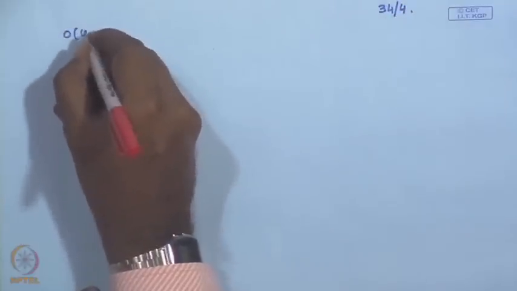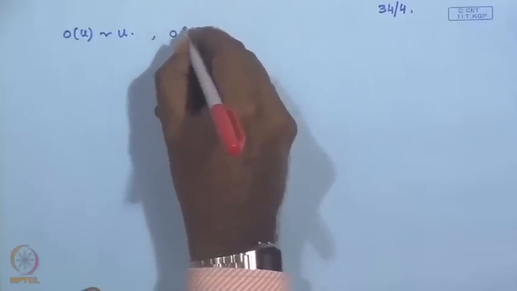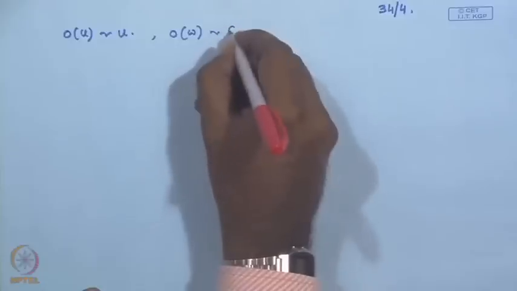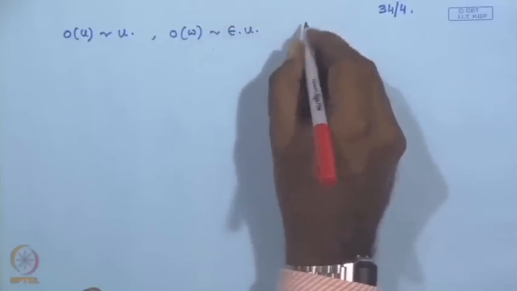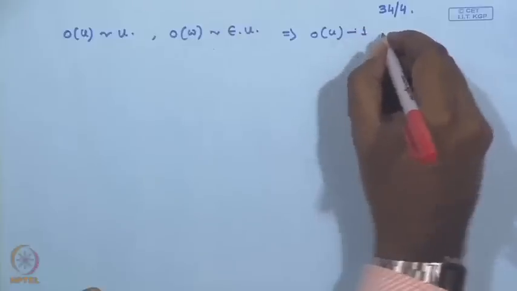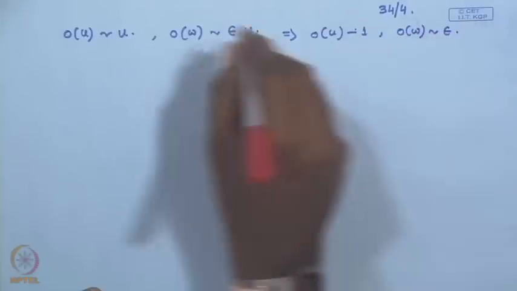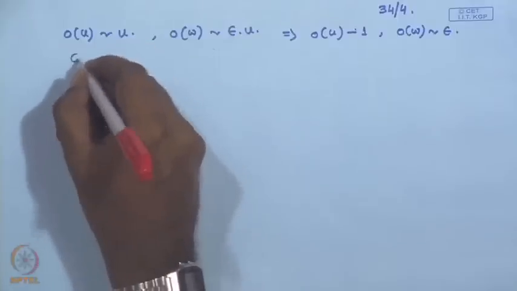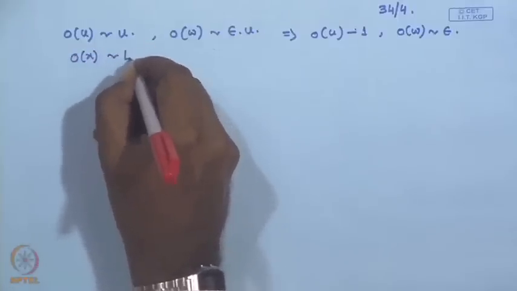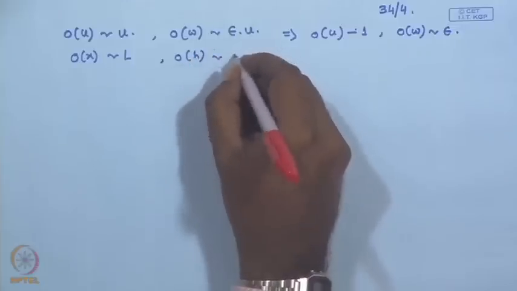Order of u is u, order of w is epsilon times u. We normalize the order of u to be equal to 1, therefore, order of w is equal to epsilon. Order of x is L, order of h is h.